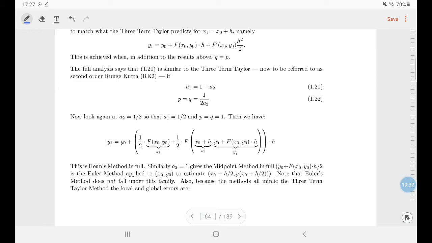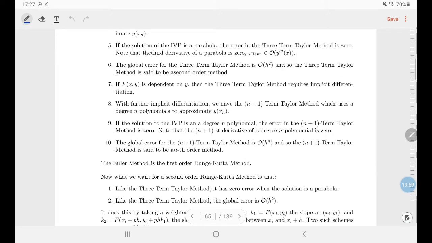Euler's method does not fall under this family, because Euler's method cannot track quadratics exactly. What I want you to take away is we can do the same as the 3-term Taylor method if we use 2 slopes and take a weighted average of the slopes; we can do something similar to the 3-term Taylor when it comes to quadratics.